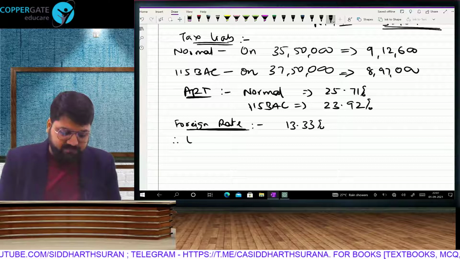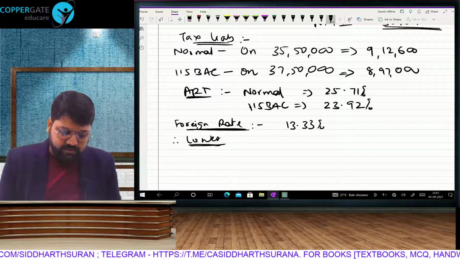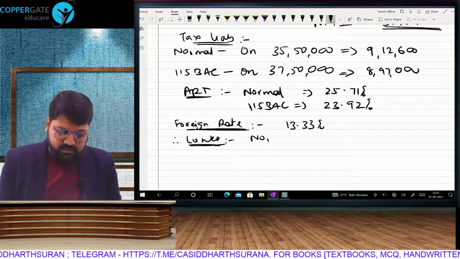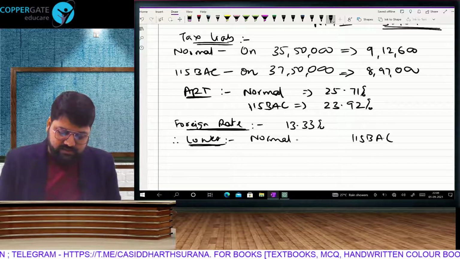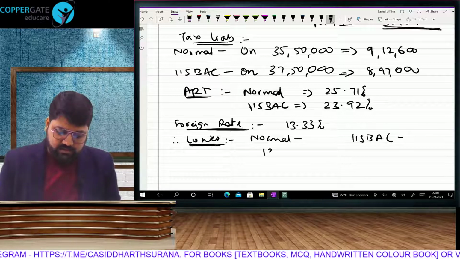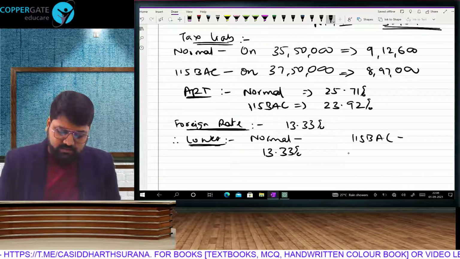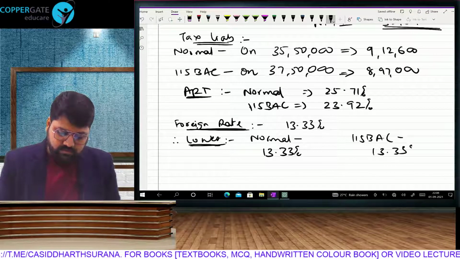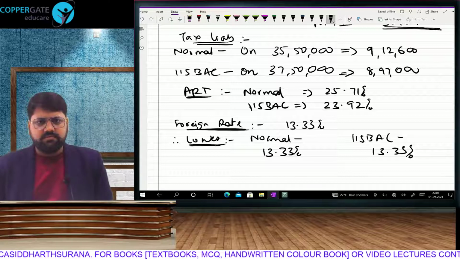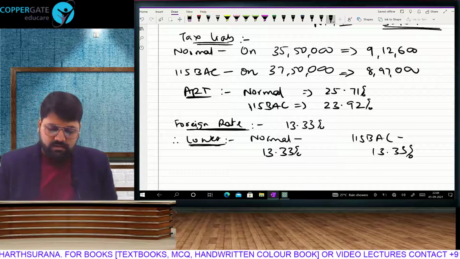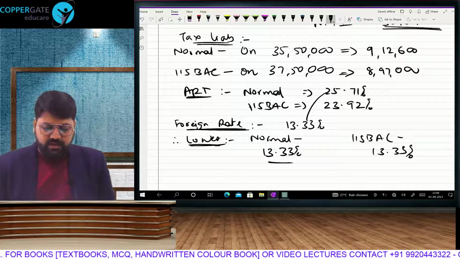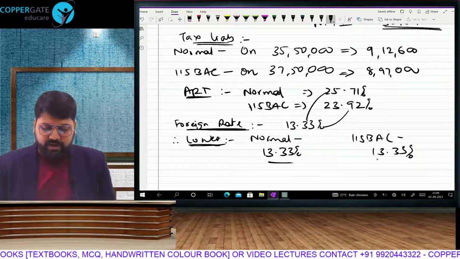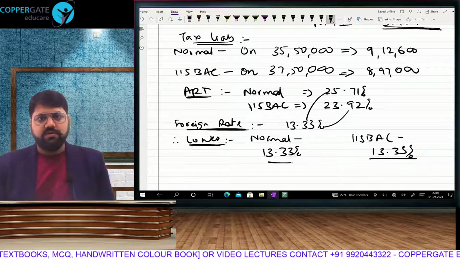And therefore, if we have to choose the lower rate under normal or under 115 BAC, in both cases it is 13.33 only. Correct, no? 25.71 or 13.33, whichever is lower, 13.33, and 23.92 or 13.33, whichever is lower, 13.33.